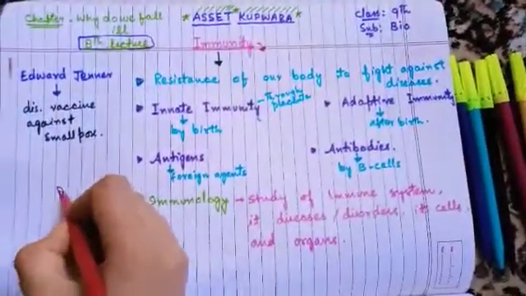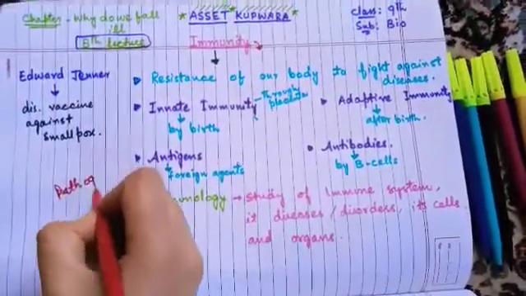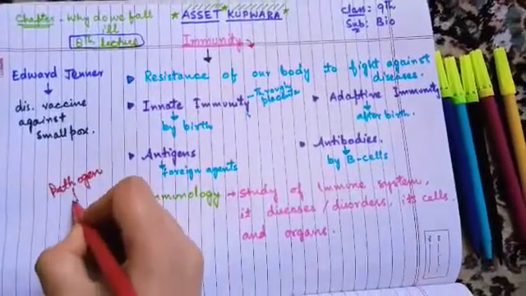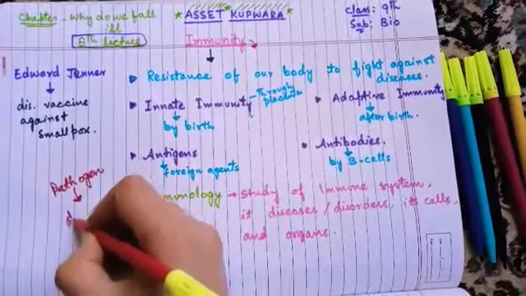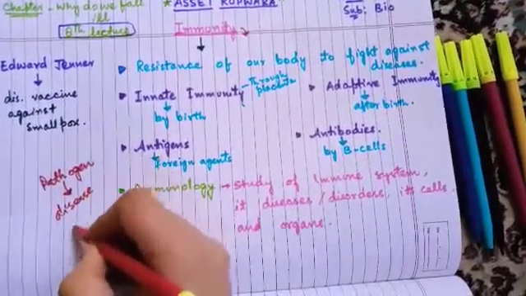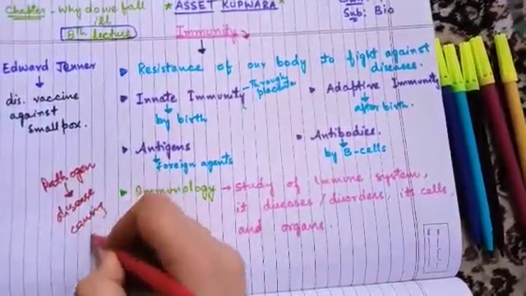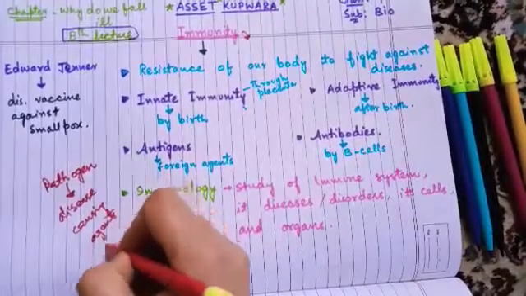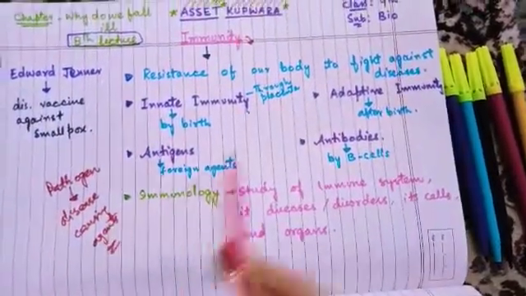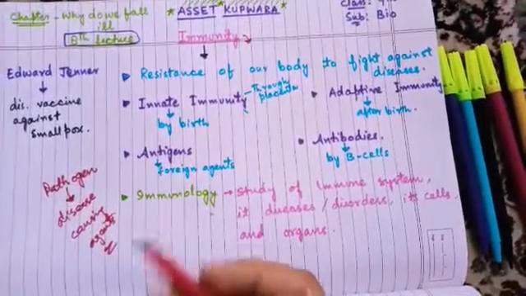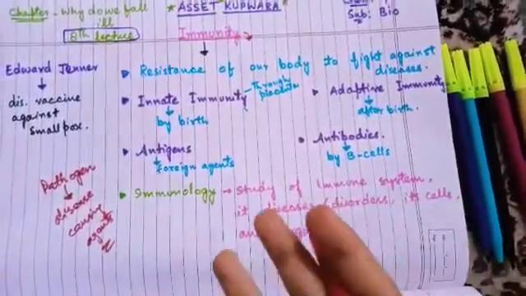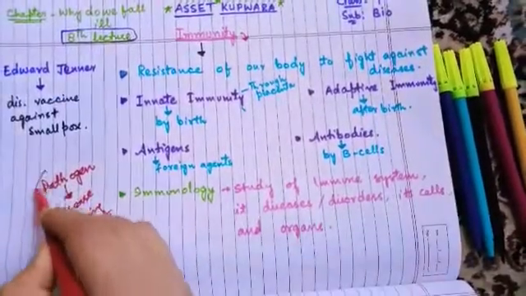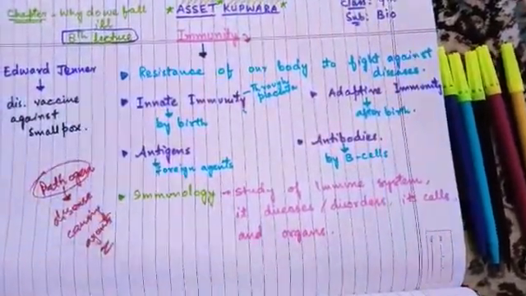Pathogen, you may know already; I have given the introduction about pathogens. Pathogens are disease-causing agents. When any of these disease-causing agents enter our body, our body mounts a response, a reaction against this pathogen, and eradicates it from the body.